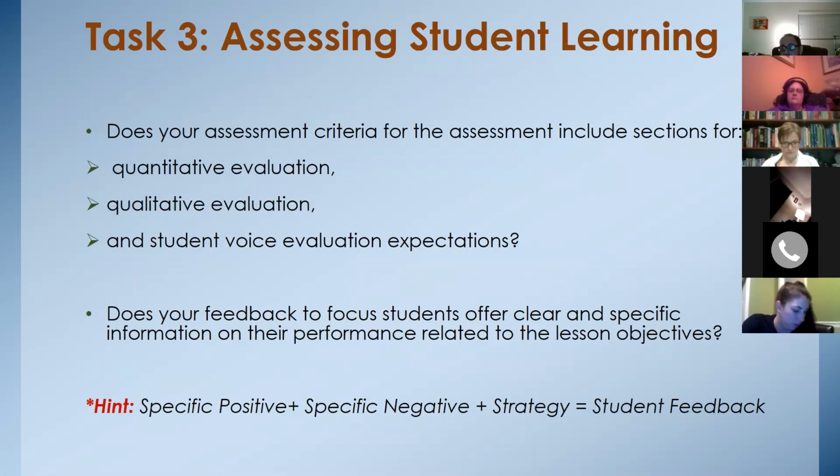That's not feedback. You need to say something positive. You need to be specific about what the student did right, what the student did incorrectly, and strategy. How are we going to address the parts of the learning goal that the student still has not mastered?